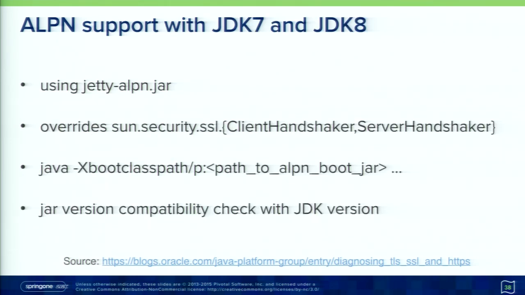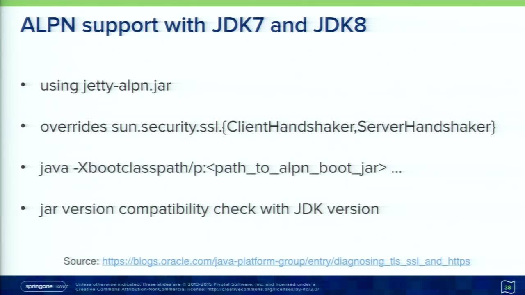So how do we support ALPN with 7 and 8? Basically, there's an implementation of this ALPN feature, and it's implemented in a jar. It's done by the Jetty community. And in that jar, you'll basically see classes that override some classes, internal classes of your JDK. Naming client handshaker and server handshaker.